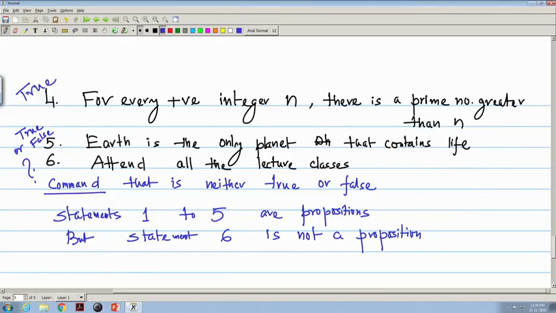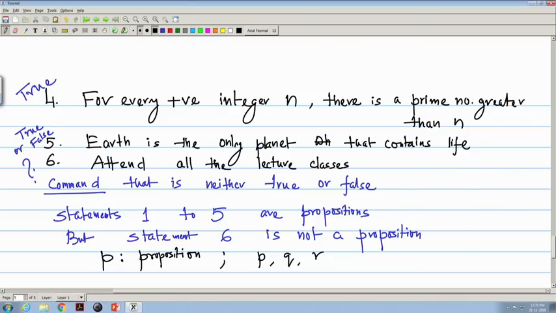Normally, we denote propositions by P, Q, R, each denoting one particular statement which is either true or false.